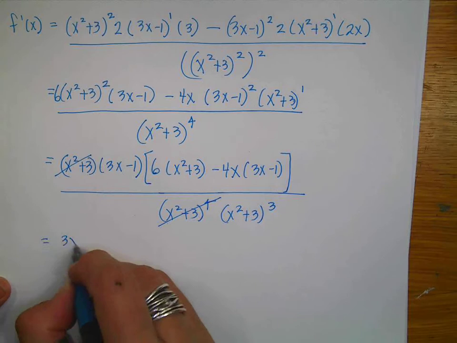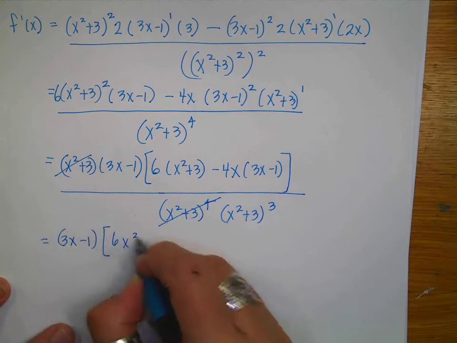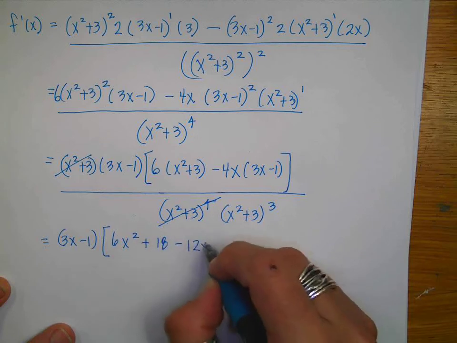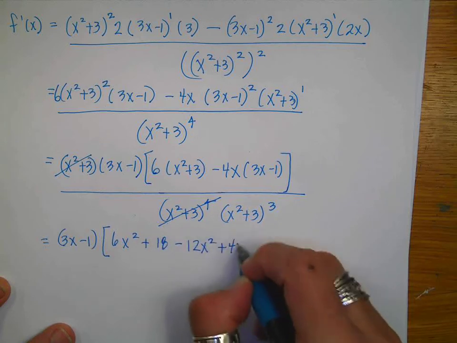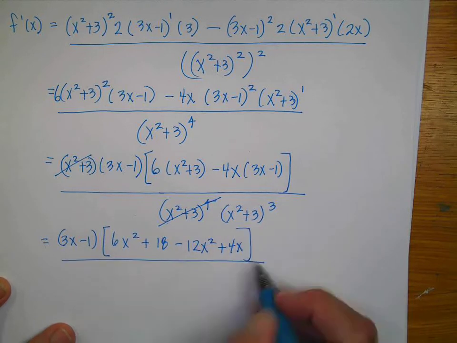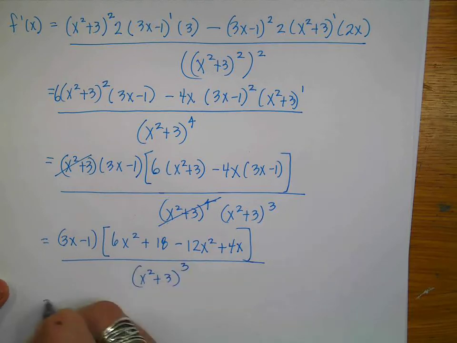So now I'm going to clean this up. I'm going to have 3x minus 1. On the inside, I'm going to have 6x squared plus 18 minus 12x squared plus 4x. Okay? And then here's my denominator, (x squared plus 3) to the third.